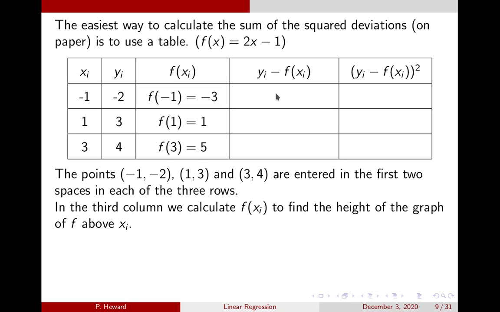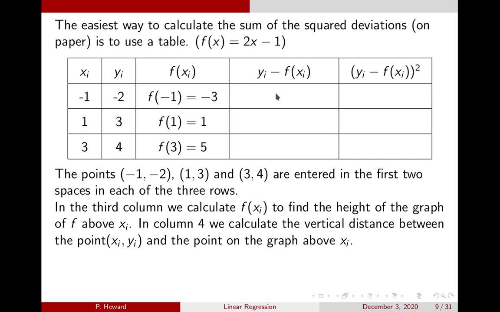Now in the fourth column, we're going to calculate the vertical distances between the point whose coordinates appear in the first 2 columns and the point on the graph above x. It will be the y-coordinate of the point minus the height of the graph, which we calculated in column 3: y sub i minus f of x sub i.